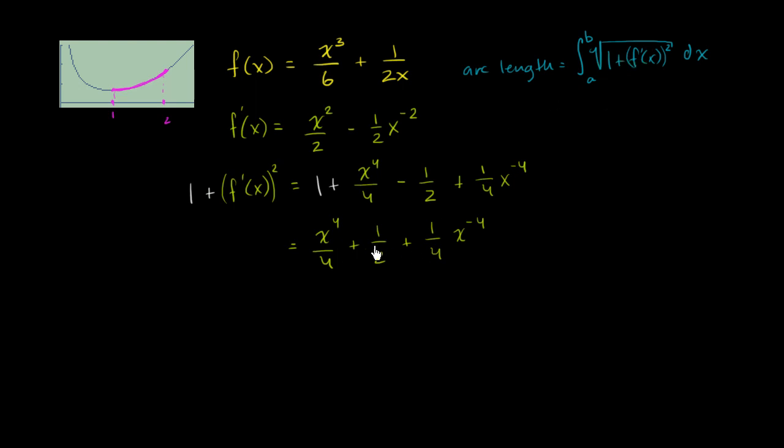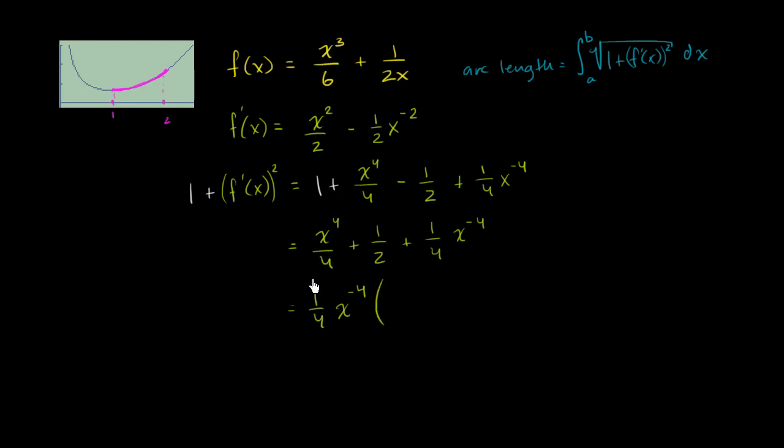But maybe we can set this up so that it's a product of perfect squares, because it does look, x to the fourth. Let's see if we can write this in a way that we would recognize how to factor it a little bit better. So let's factor out a 1/4 x to the negative 4th power. So this is going to be equal to 1/4 x to the negative 4 times, I factored that out.